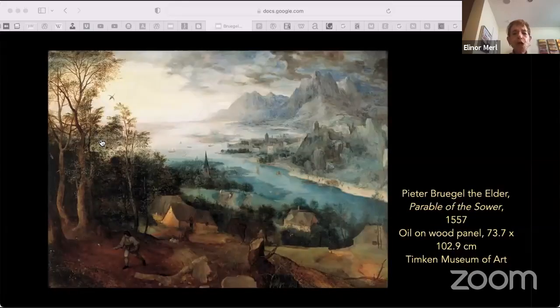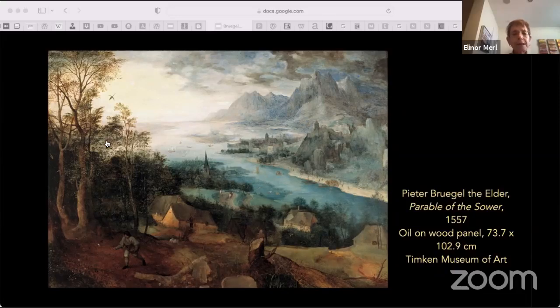The Parable of the Sower is what might be called a world landscape, a construct that combines spectacular elements of European landscape viewed from an elevated viewpoint. Bruegel left Antwerp in 1553 to study in Italy, and he returned with drawings of the French Alps, which influenced the detail and aerial perspective of the landscape in this work.